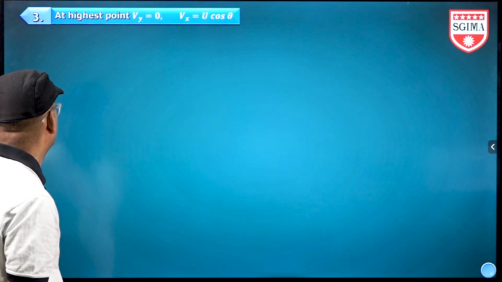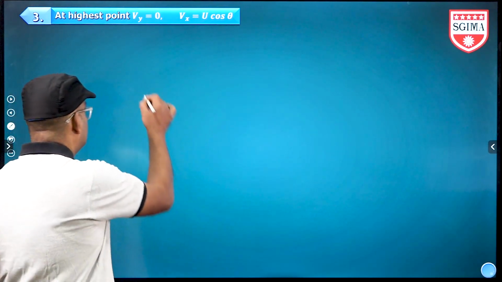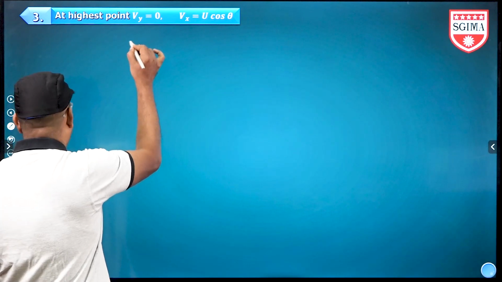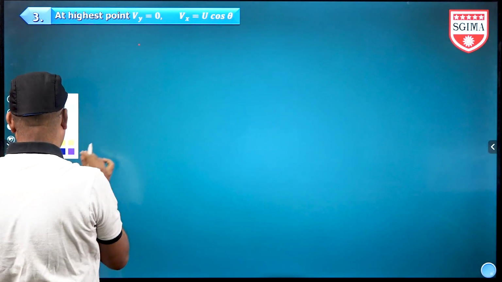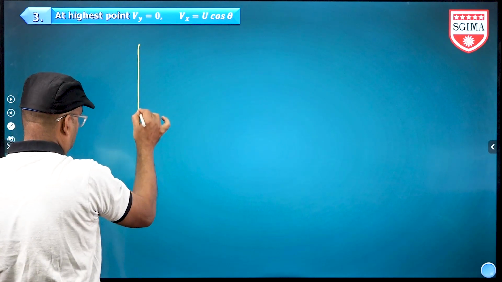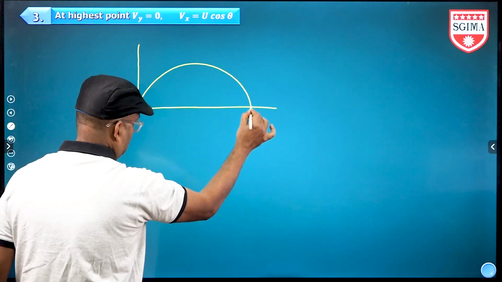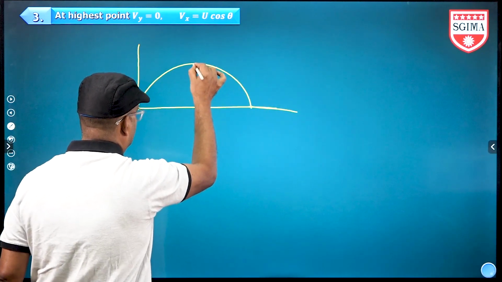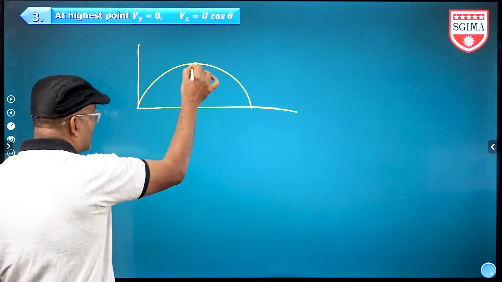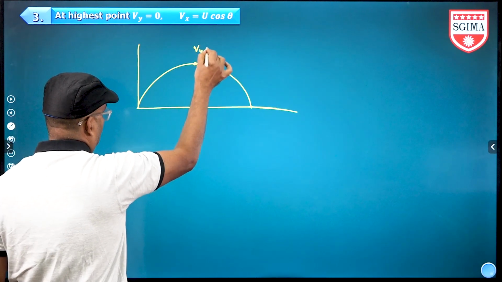Now, when the body reaches the highest point, highest point means the vertical component of velocity is 0.